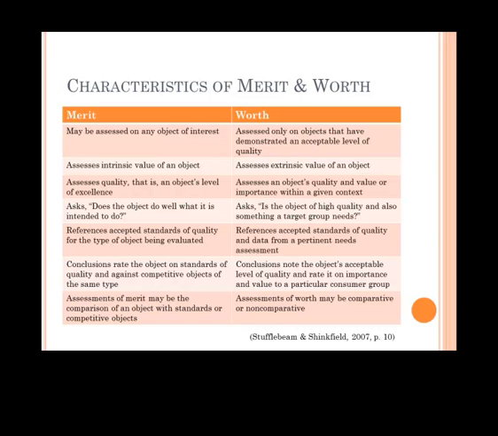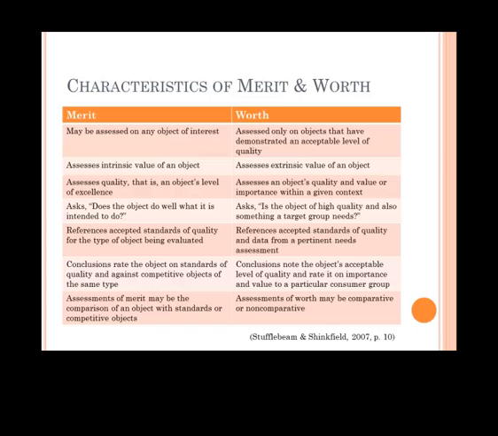So we can assess the merit of anything, but we only want to assess the worth of objects that have demonstrated that they have merit, that they are at an acceptable level of quality. Merit is focused on the intrinsic value of an object. Is it good? Does it do what it's supposed to do?